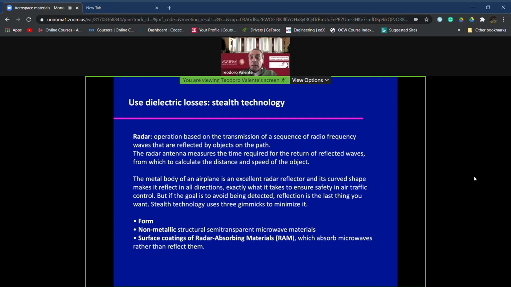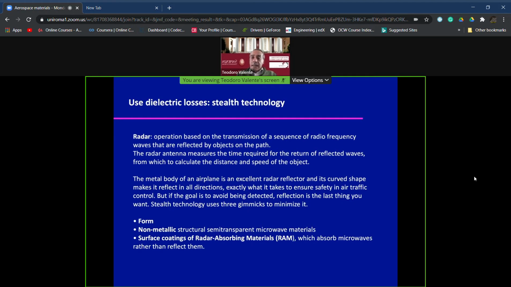And generally speaking, the metal body of an airplane is an excellent radar reflector. And also, as we will see today in a video, which is quite nice, the curved shape of a standard airplane allows the reflection to happen in all directions.